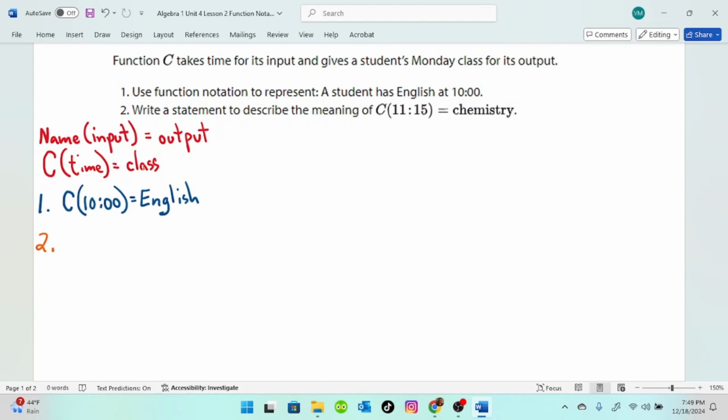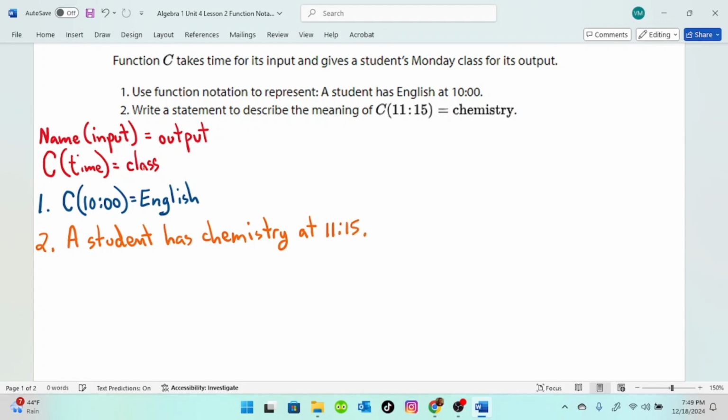So I can just replace the class and the time from number 1 with the class and the time they give us in number 2. So we're going to write a student has chemistry at 11:15.